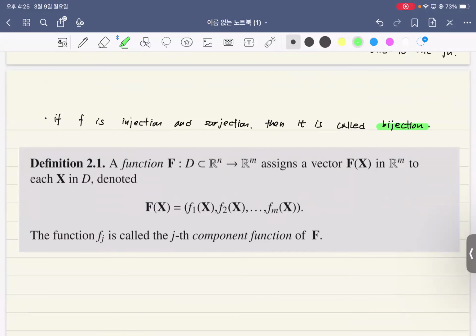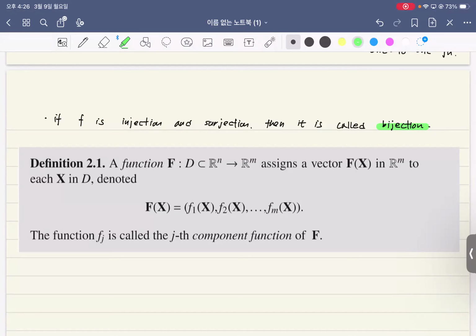So from now on, we will be mainly interested in functions whose domain is a subset of Rn and whose codomain is Rm. So what does it mean? If you have such a function f, then if you plug in any n-dimensional vector into your function f, you are going to produce an m-dimensional vector, right?